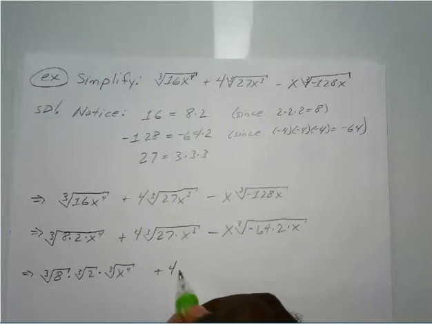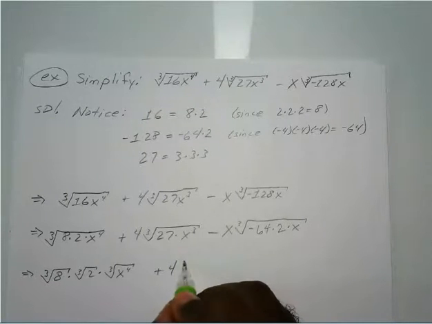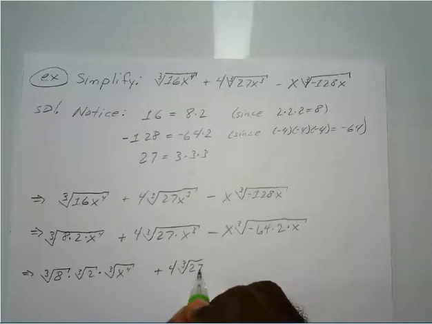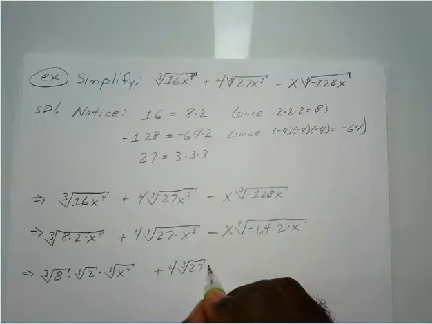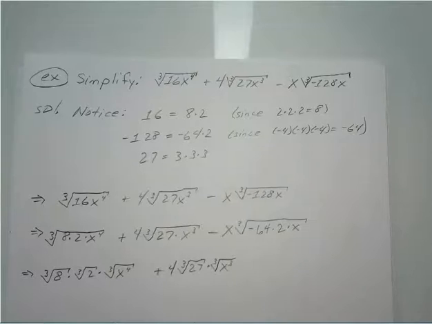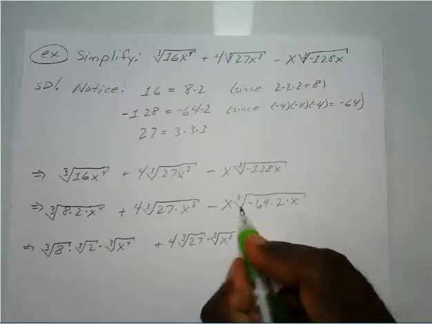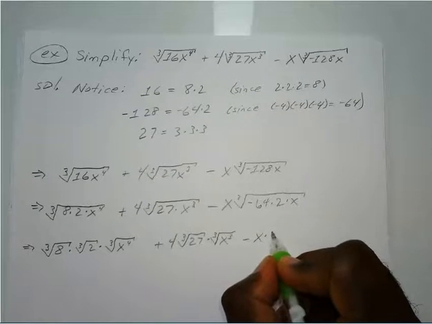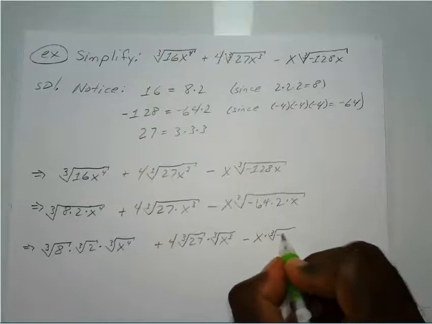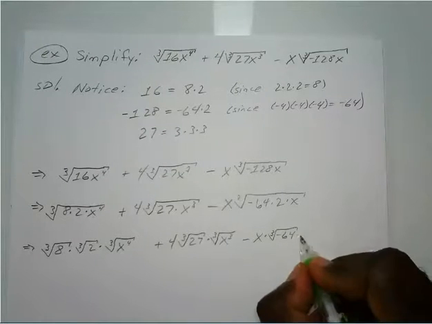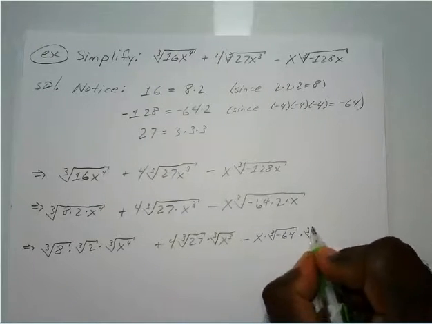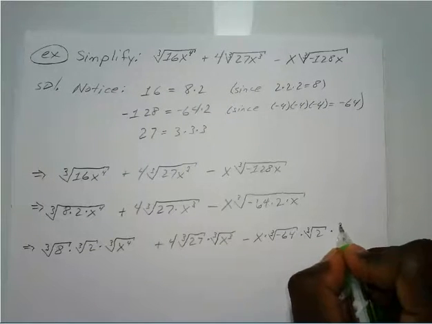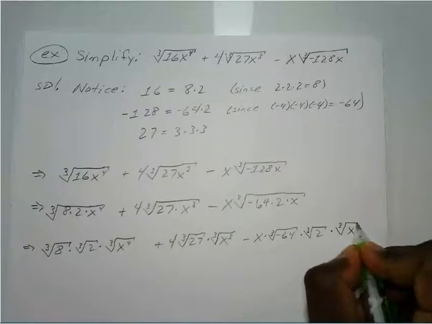Plus 4 times the cube root of 27 times the cube root of x to the third power. We do the same thing here. Minus x times the cube root of negative 64 times the cube root of 2 times the cube root of x.